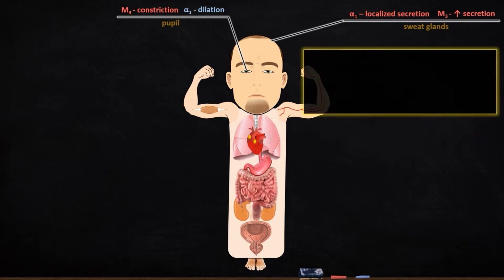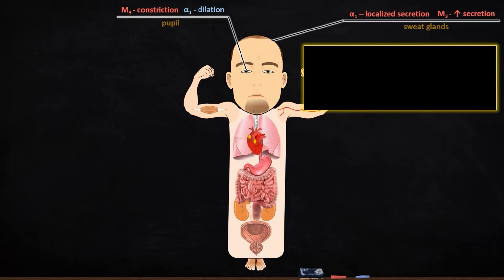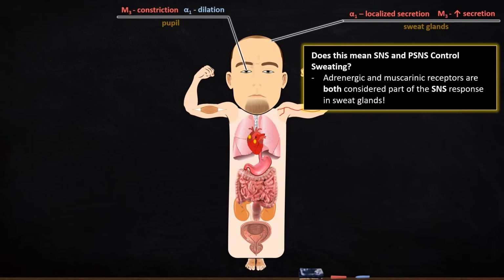However, that's actually wrong. This is an exception to the majority of the other organs, right? This tissue is different, because adrenergic and muscarinic receptors are both considered part of the SNS response in sweat glands.